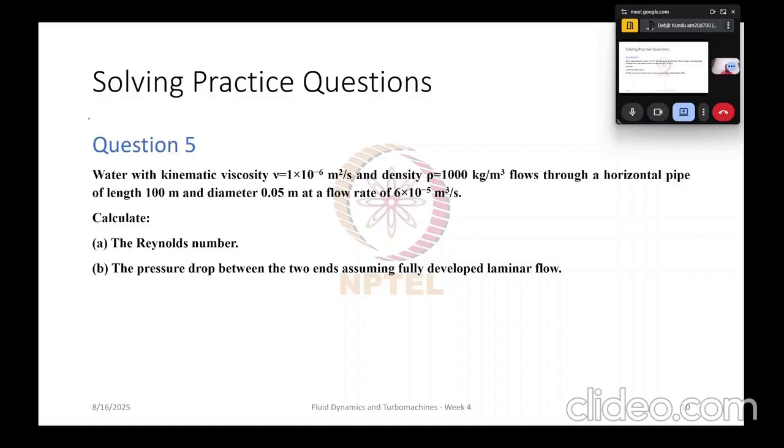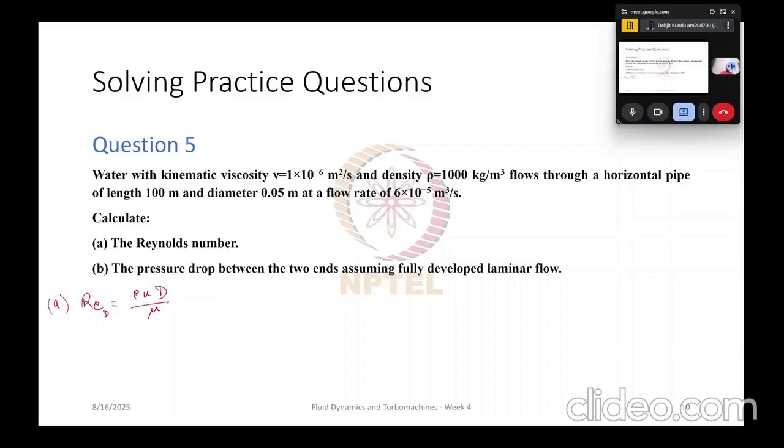Okay, so first of all, let's find out what the Reynolds number is. The formula for Reynolds number for a pipe of diameter d is given by rho u d by mu.